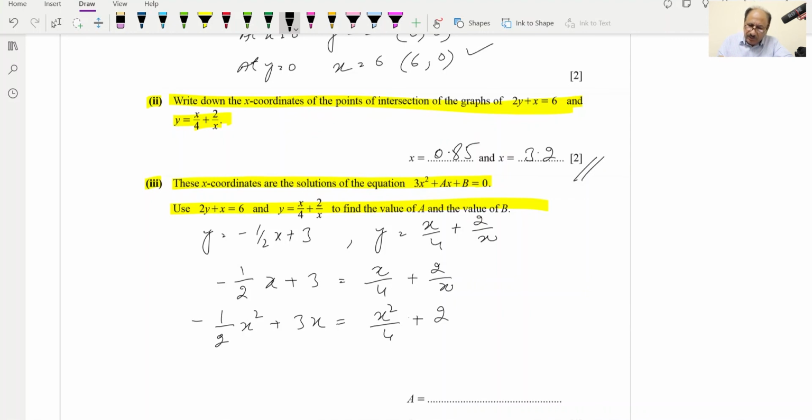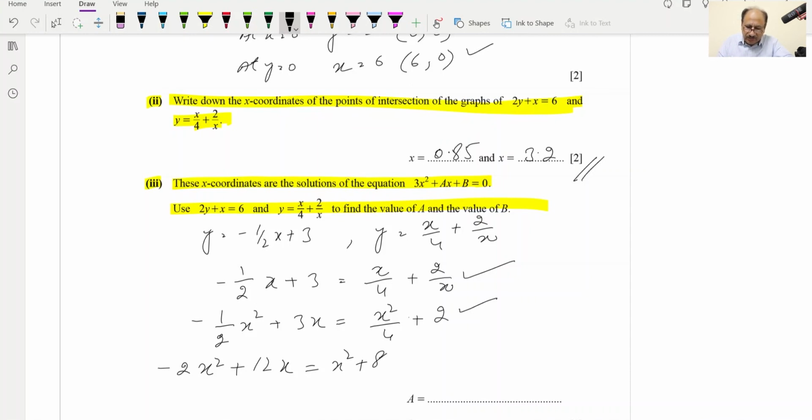We have multiplied this whole equation by x, and we got this one. Now we can multiply this whole equation by 4, and we will get minus 2x squared plus 12x is equal to x squared plus 8. This will be our equation.